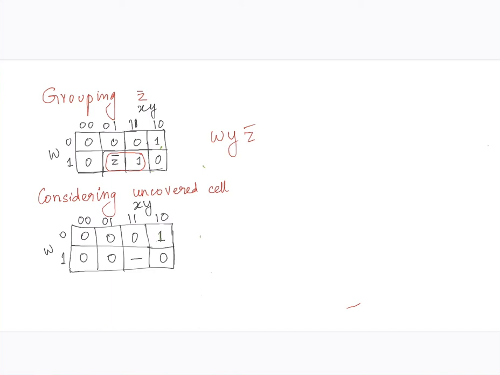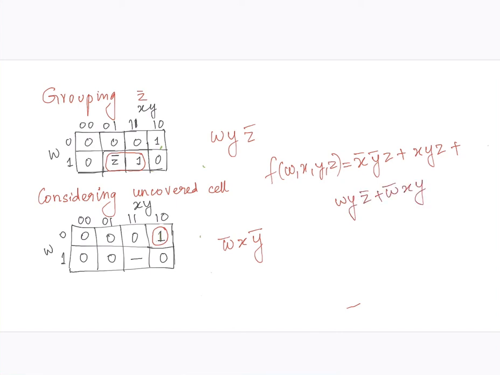Now for whichever 1 cell is uncovered, replace the covered 1 cells by don't care, and all other Z and Z bar by 0, and consider the uncovered cell. So the uncovered cell is this one, and the term will be W bar X Y bar. So the final minimal sum F of W X Y Z will be equal to X bar Y bar Z plus XYZ plus W Y Z bar plus W bar X Y bar.